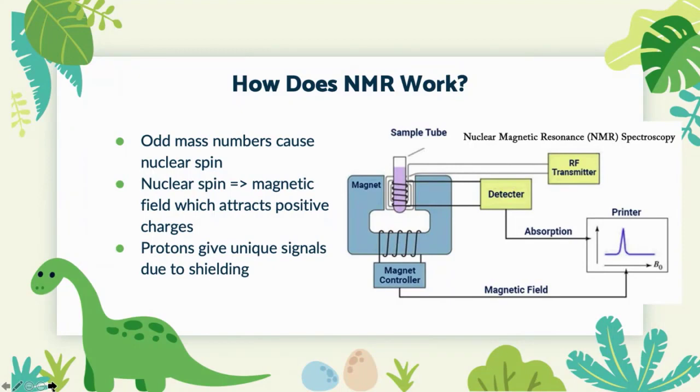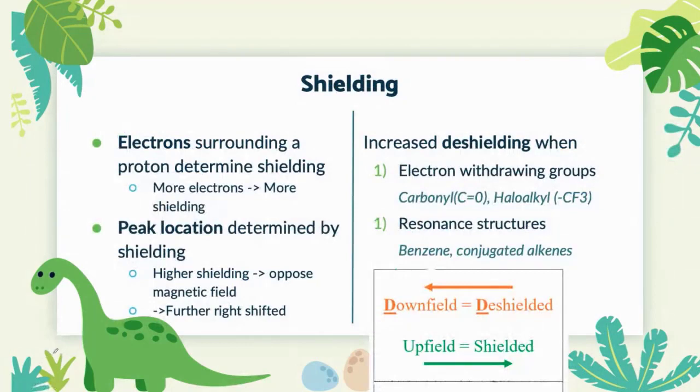So what we're really tracking is how positive a proton is, for example, in an HNMR. Based on that, we can look at different unique signals that are produced due to shielding, or what happens when surrounding electrons interact with that proton.